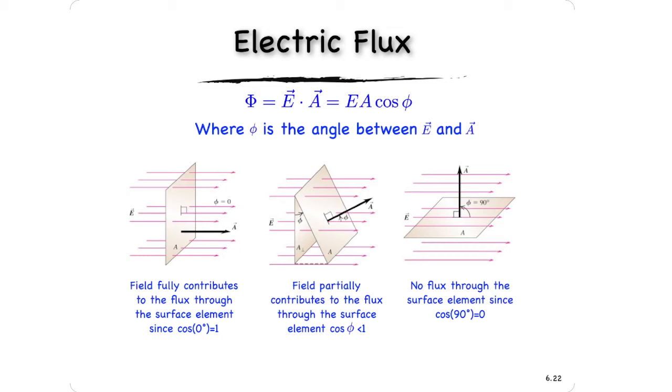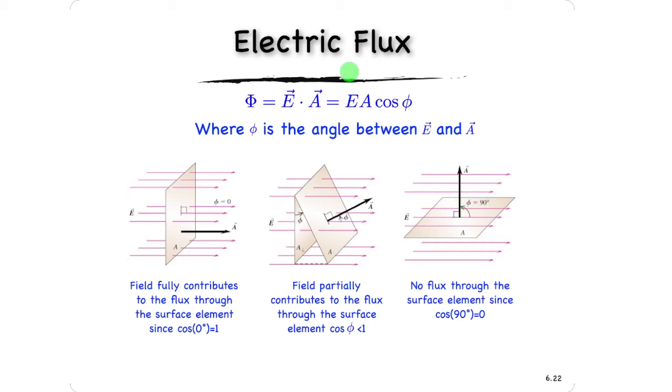Here's a picture showing that if we have some area, now we've got the area vector drawn in on this diagram. That area vector is always perpendicular to our surface. So as we tilt our surface, that vector tilts. And when it's 90 degrees, the dot product of E, pointing to the right, dotted with the area vector pointing up, would give us 0.